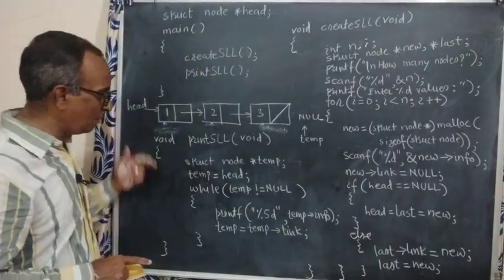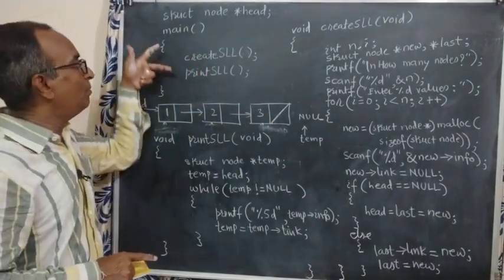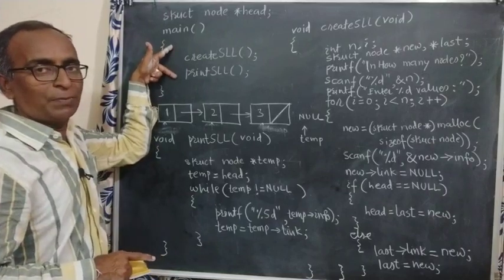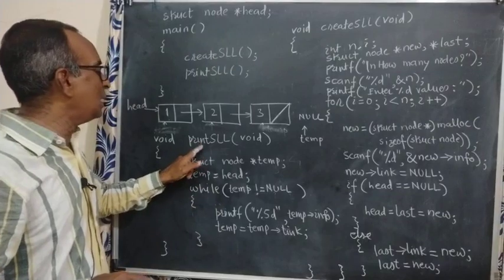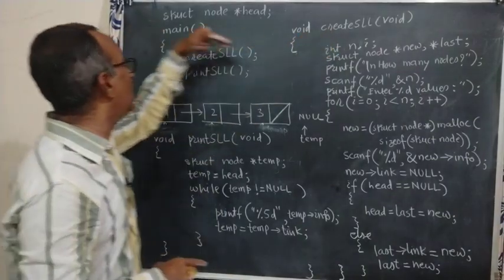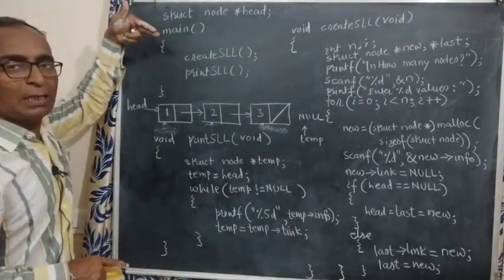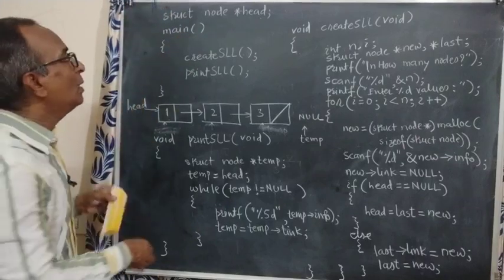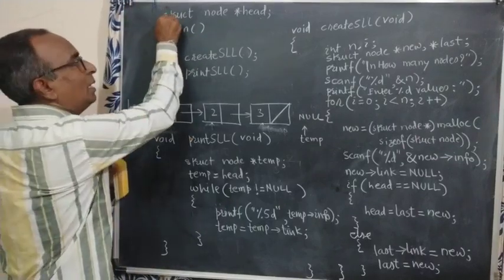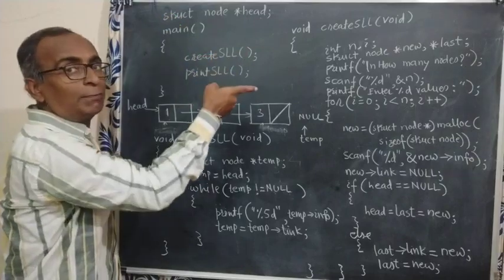Then print list, and closed it. When main is written first and then followed by other functions, the declarations of these functions should be there before main.